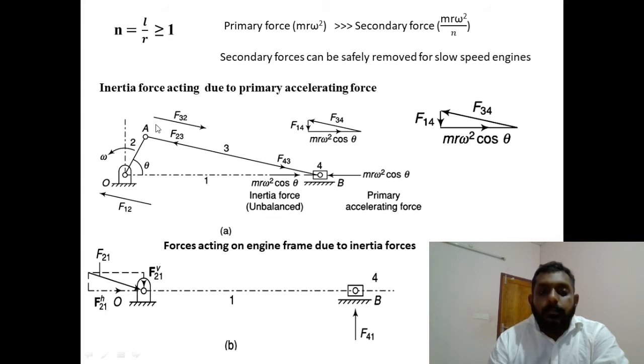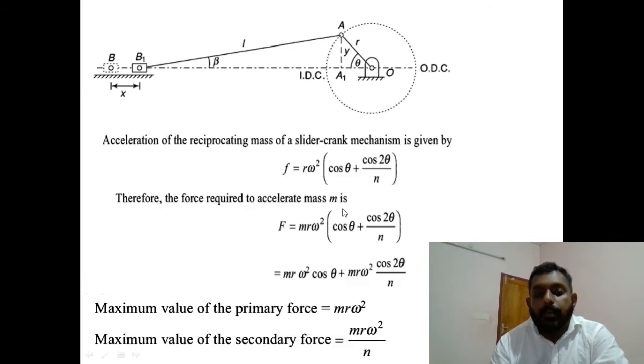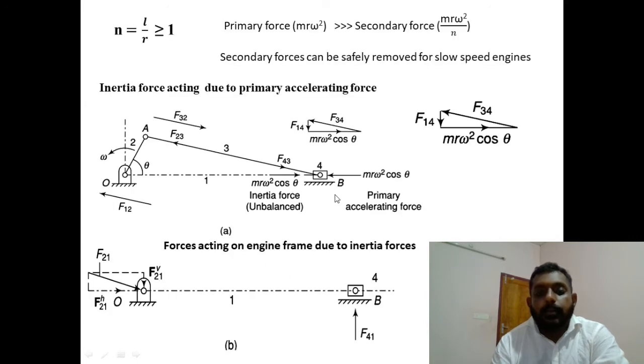Now consider the different inertia forces acting on the slider crank mechanism due to the primary accelerating force. The primary accelerating force is m r omega square cos theta. It acts on the slider.